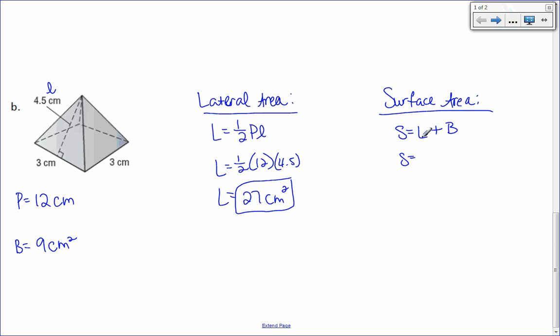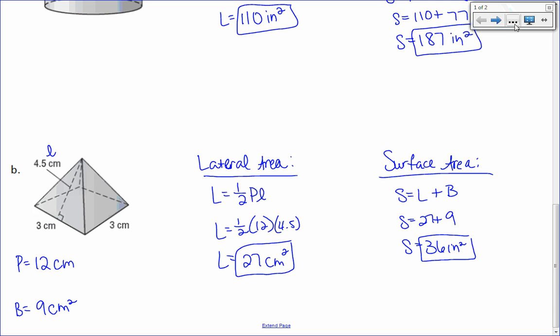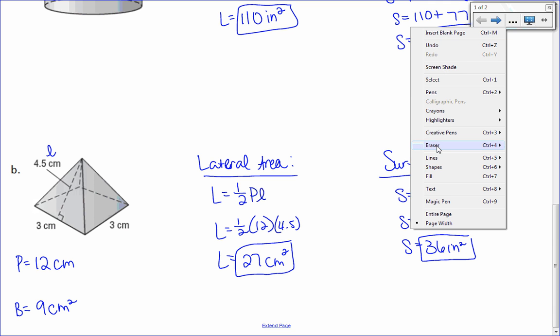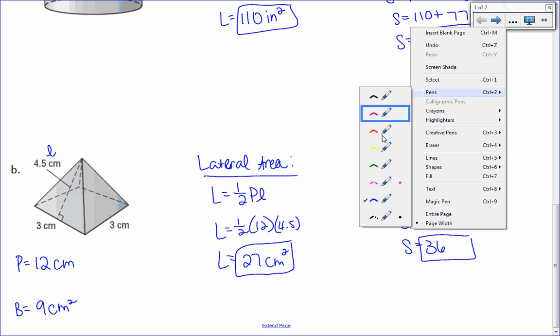Okay, so here we know what L is. L is 27. And B, we calculated as 9. So 27 plus 9, S is equal to 36 square centimeters. Oops, that's not inches, centimeters, not inches.